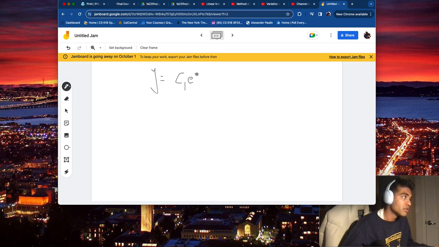Imagine you have this. So if you think about it, the general solution y has two parts. This would be y1 and this would be y2.